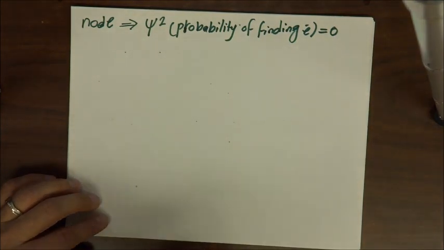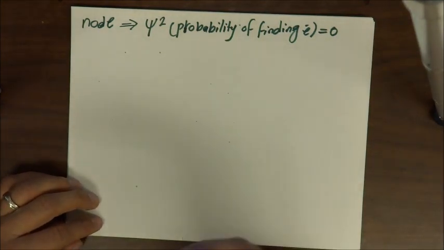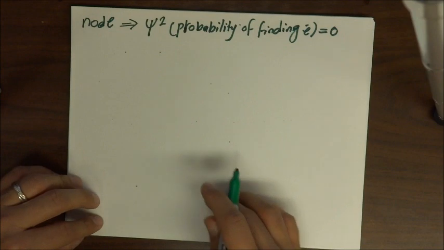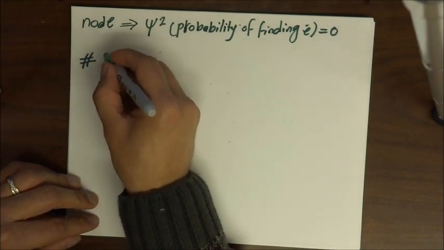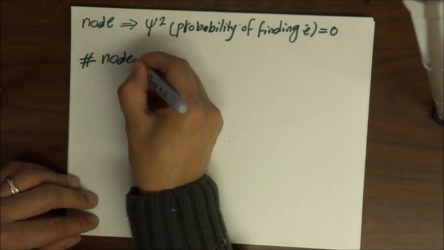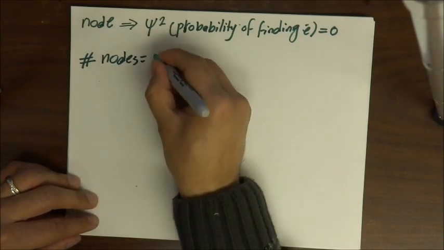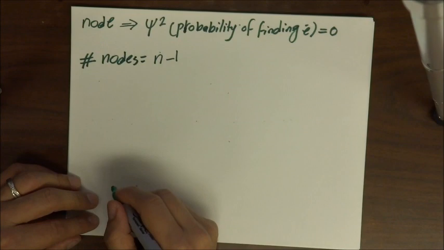That means the Schrödinger equation has an answer of 0. Total number of nodes is equal to n minus 1.